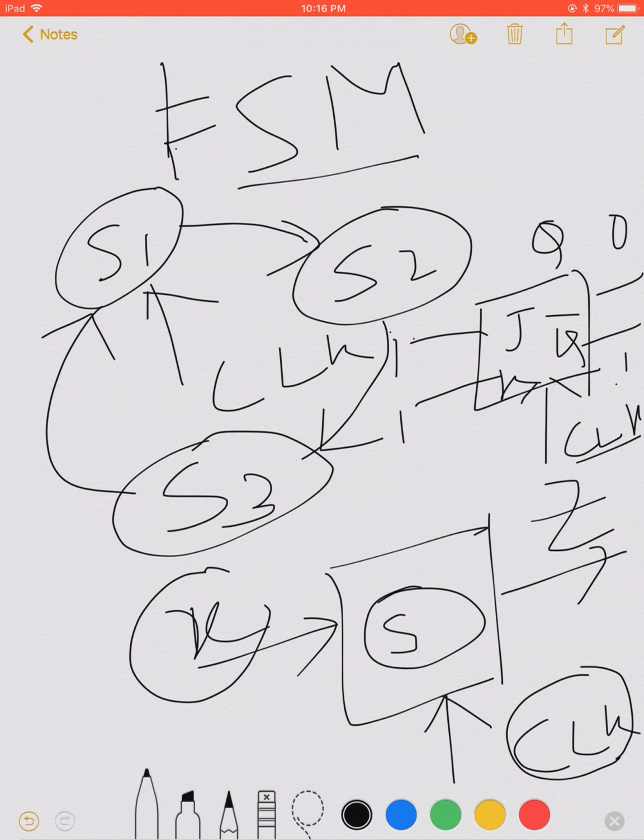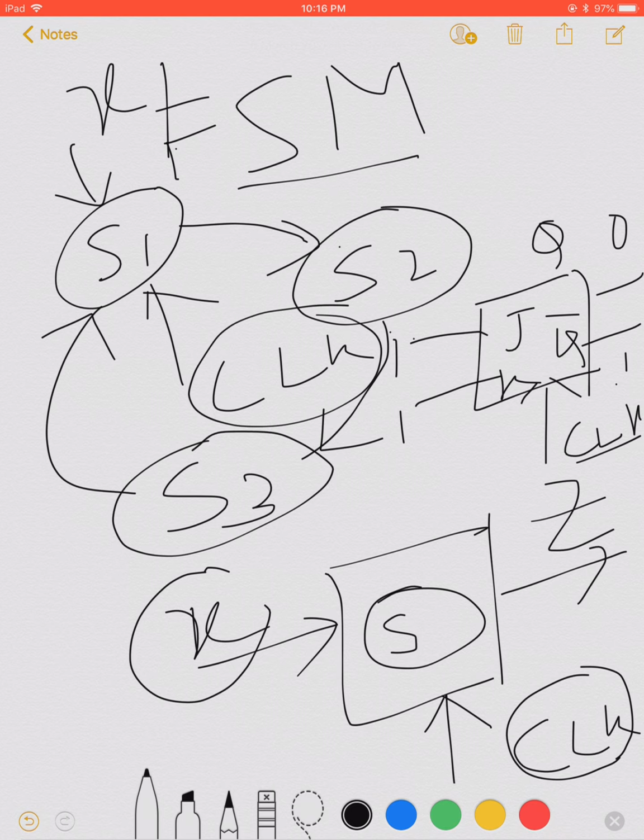So a synchronous state machine has some number of internal states, and it can change its states based on the inputs. It will have some input X, and the transition from S1 to S2 will be determined by X, but it will only be triggered by the clock.